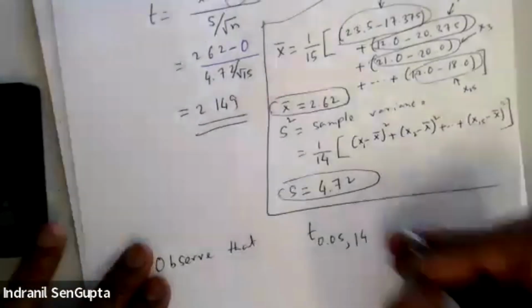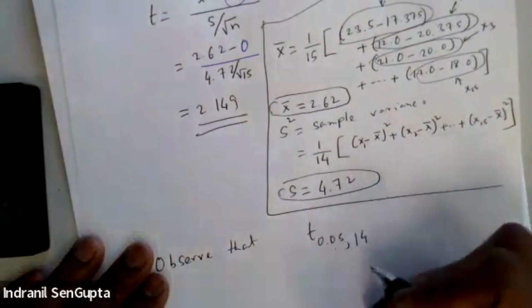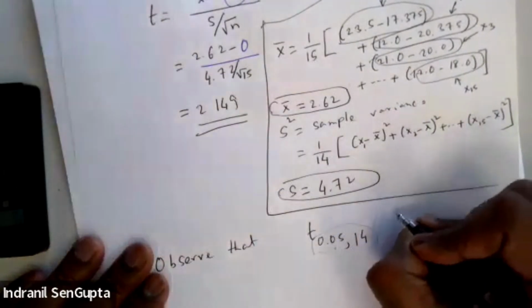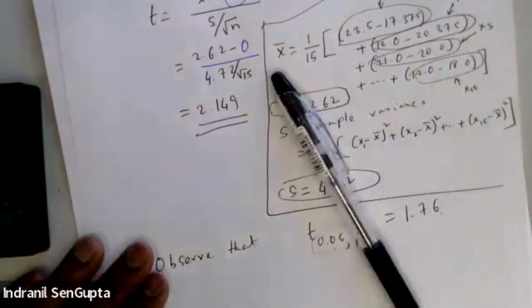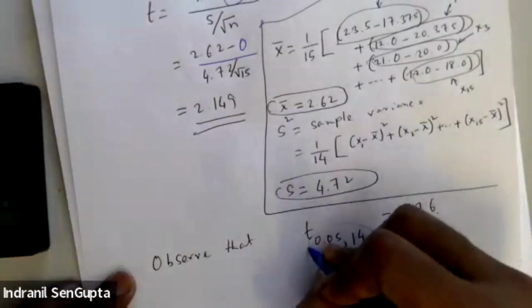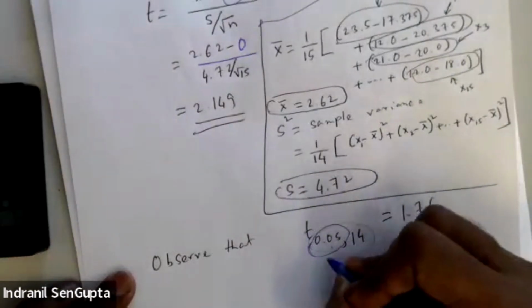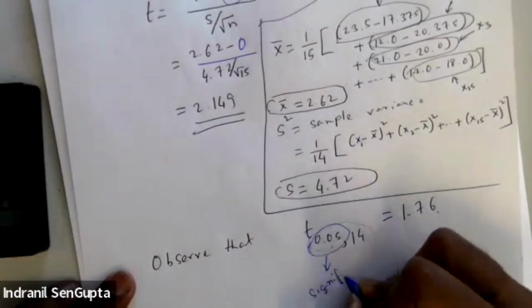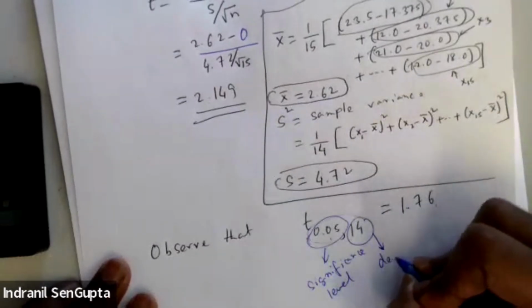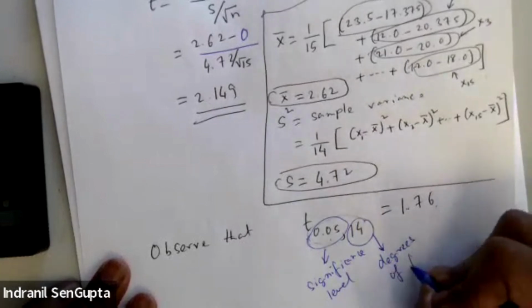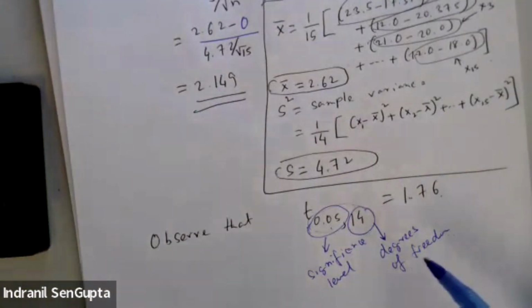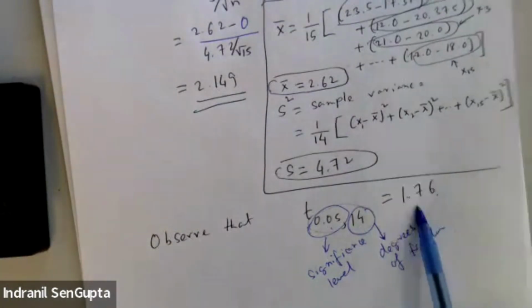Last time I posted how to compute this value, and this value is 1.76. Sorry, I kept saying confidence level. What I really meant is the significance level. So with a 5% significance level and 14 degrees of freedom, we know this value is this one.